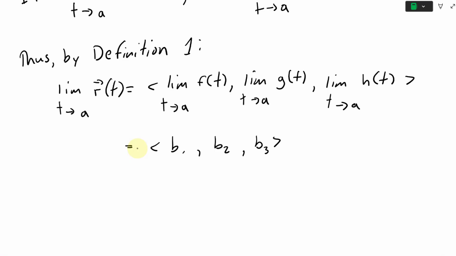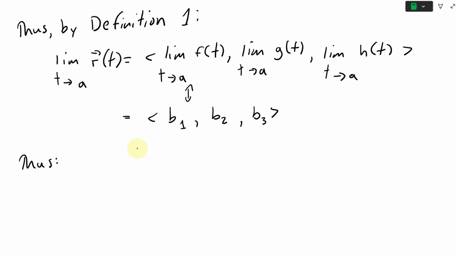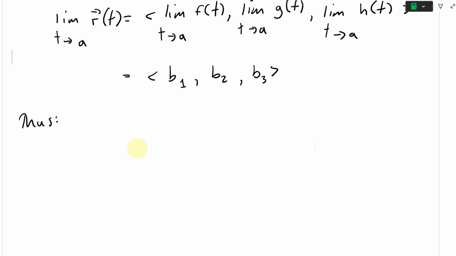So then they're equal to it, thus we're going to have 3, so then these ones have to be equal to them. Now we have 3 different limits that don't have the vector function anymore.